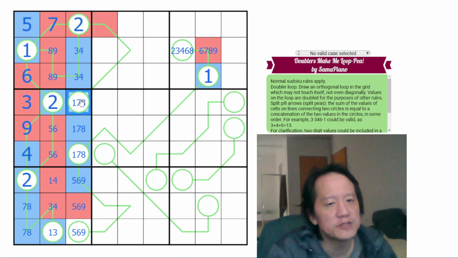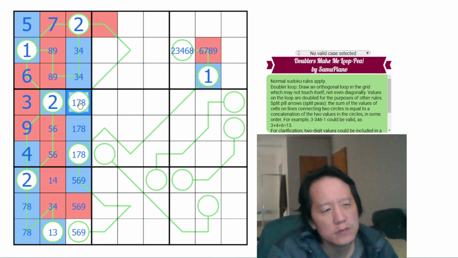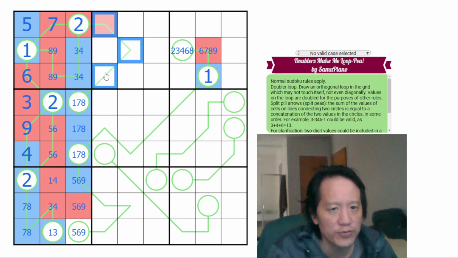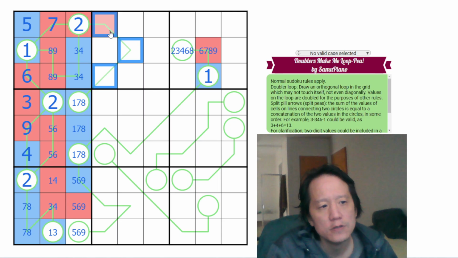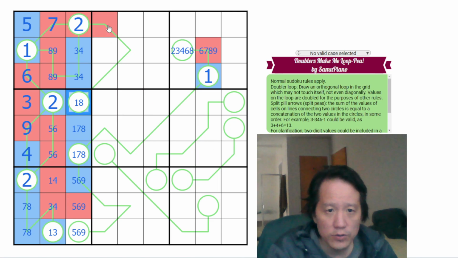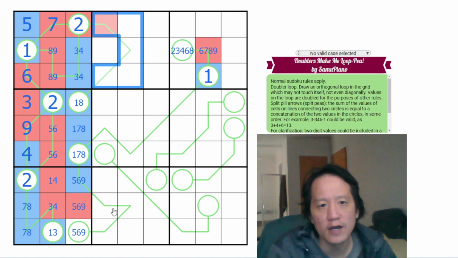So if this is 7 or 8, it has to be 47 or 48, right? It can't be 74, cannot be 84. So it can't be 47, right? Because if it's 47, we only have 3 digits, and those 3 digits would all have to be doubled because this is 24 at most, and then you have to double that. So it could be 48. So if you double, it would have to be something like that, right?